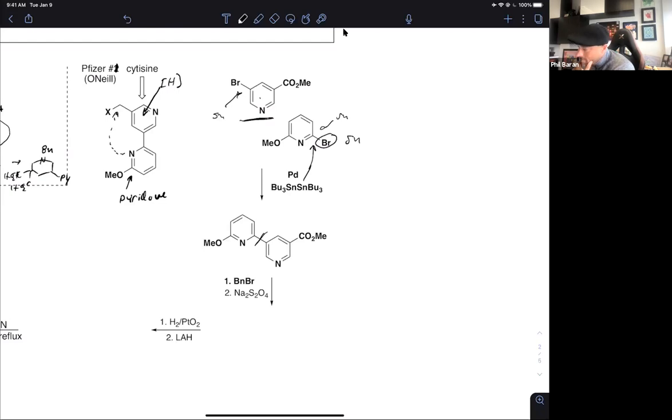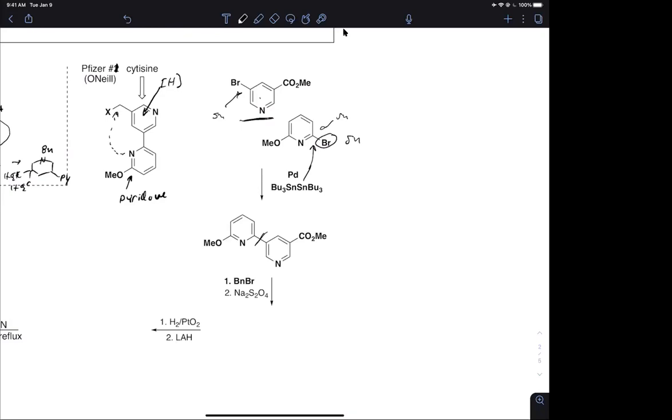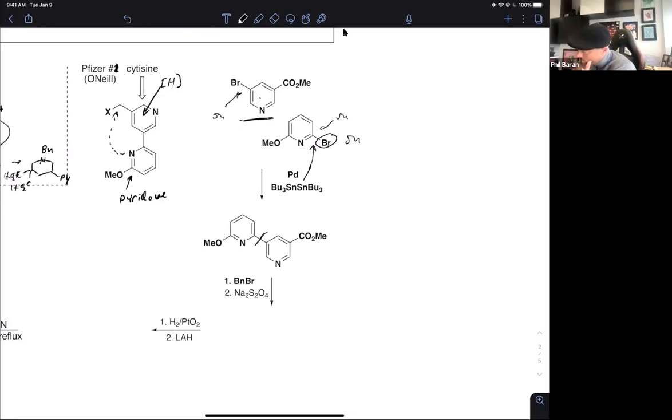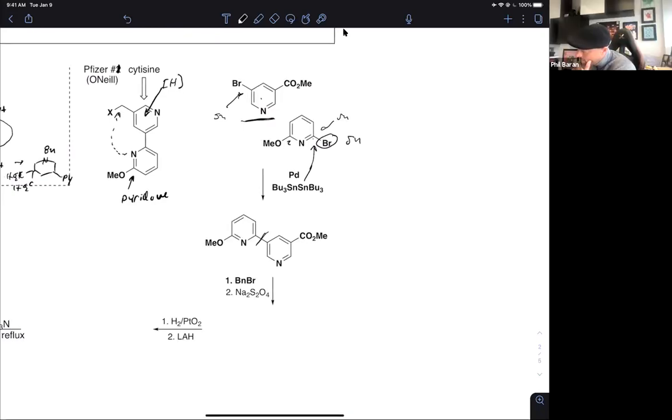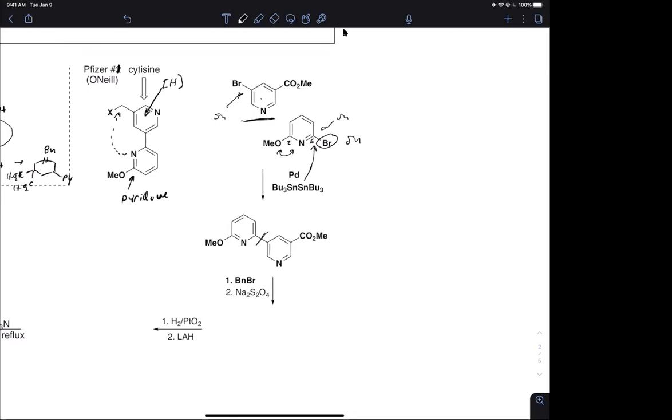So don't look at a methoxy pyridine like this and think, oh, this thing is now super activated at the 6th position relative to the 2. It's not, because it's tied up in a negotiation with the orbitals of that nitrogen and not really concerned that much about what's going on at C6. So you can't look at it in terms of that. Okay, thank you. Yeah, good question.